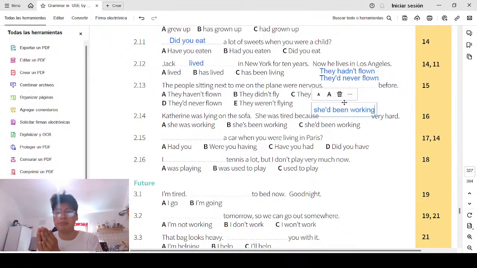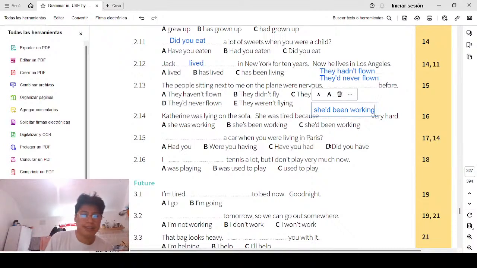So why was she tired? Because she had been working very hard, but that action happened before the past. This is the past perfect, because we're talking about the action that happened in the earlier past.